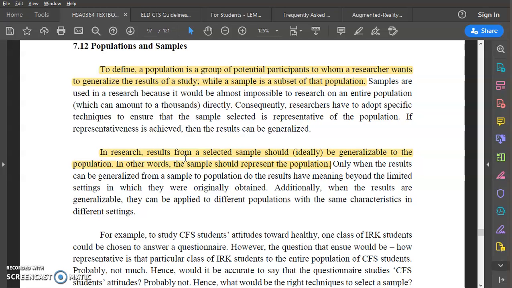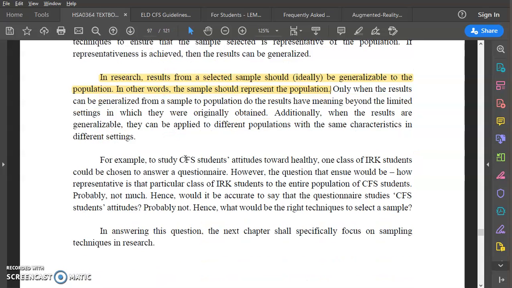Now, you cannot just pick. There's a system that you have to use in order to pick those samples. The detailed discussion on that system will be explained in more detail in chapter 8. To give you an example, the book gives an example about a research conducted for CFS students, and then only one class of RIK students are chosen to answer a questionnaire.